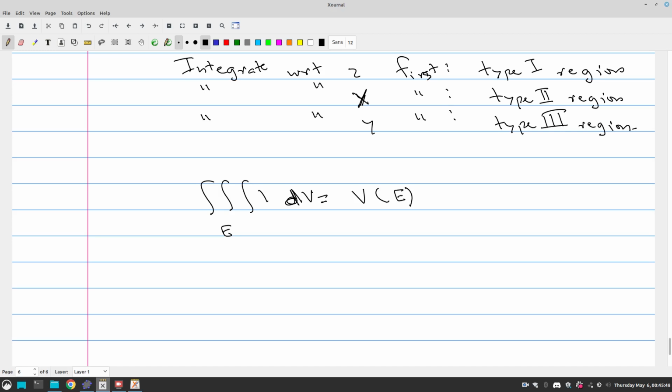Now let's think of it. I think of this as a type 1 region, right? So D is the projection on the xy plane, as a type 1 region, you have u1(x,y), u2(x,y), you have dz, dA.